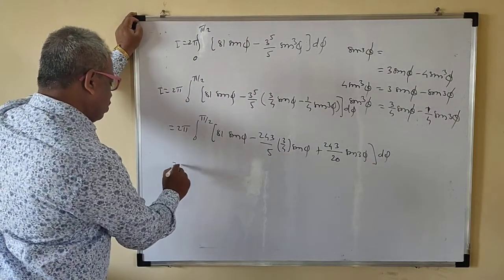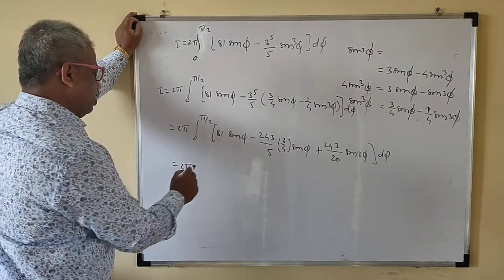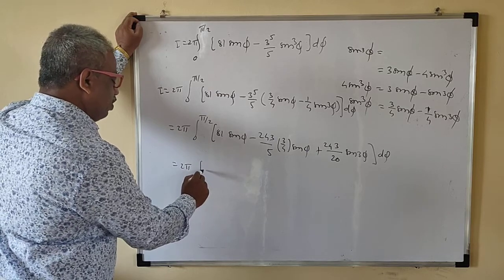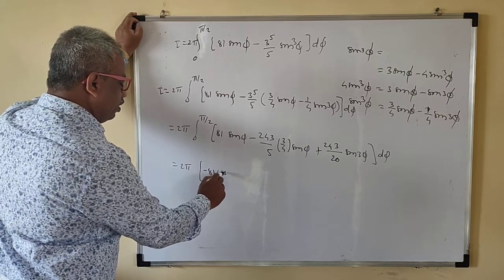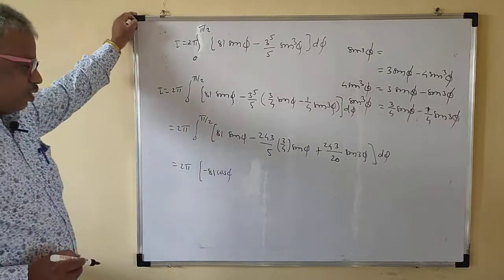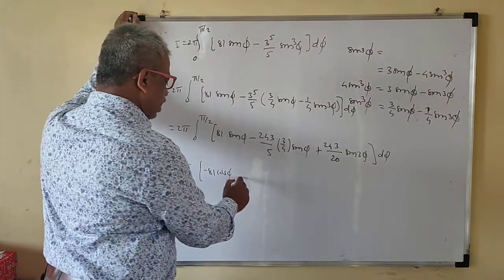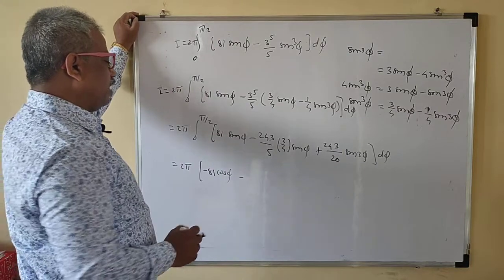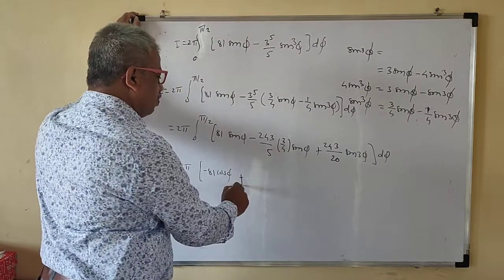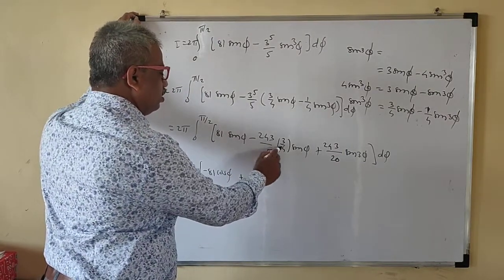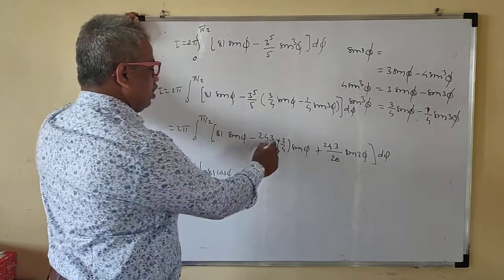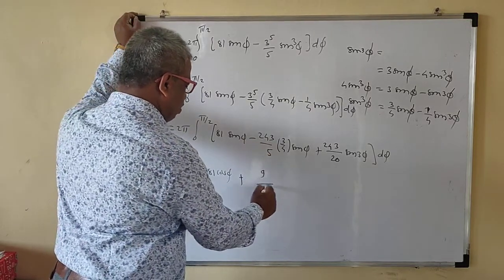Keep as it is. This is 2 pi. So we will integrate this: 81 minus 81 cos phi. Minus 81 cos phi, we'll keep this as it is. No problem, we'll integrate that later on. Minus 1 becomes plus because this is again sin phi. So this is 9. So upon 20 I have to write this.